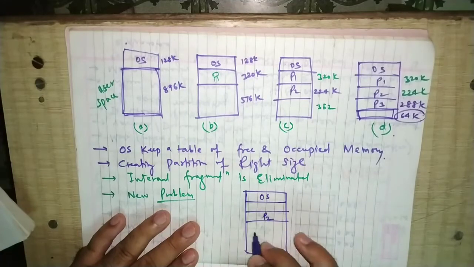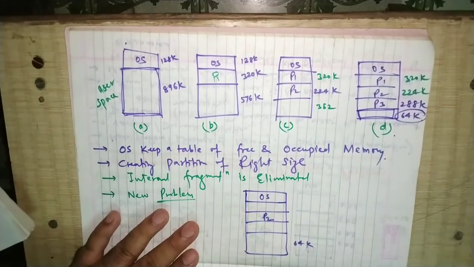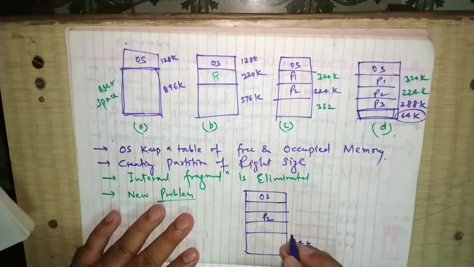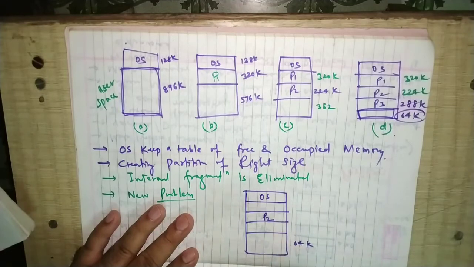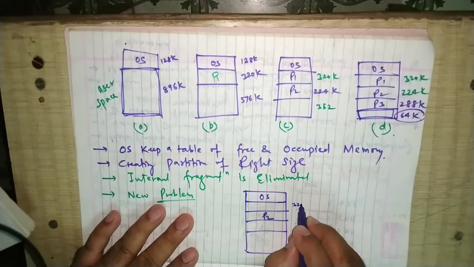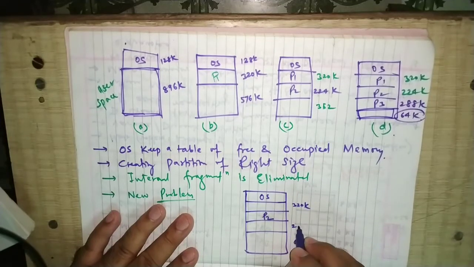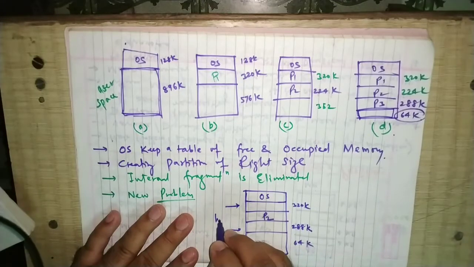Process 2 is still running. This 64k is still empty. So process 1 and process 3 have completed, freeing this 320k memory and this 288k memory. These are called holes.